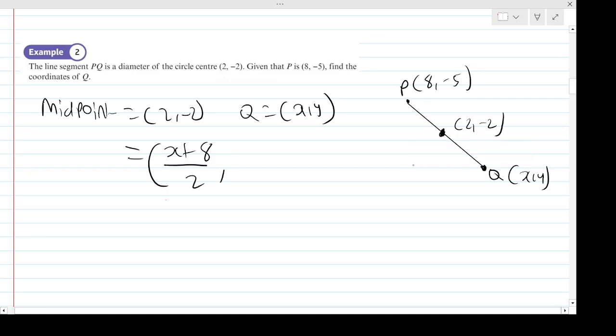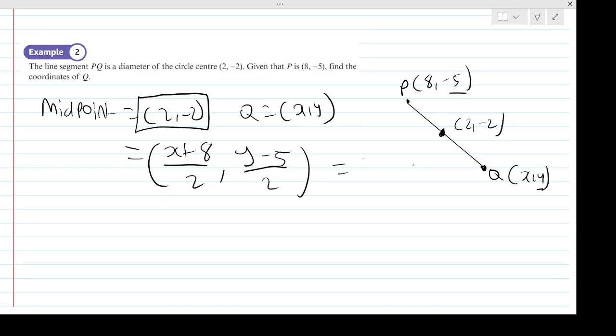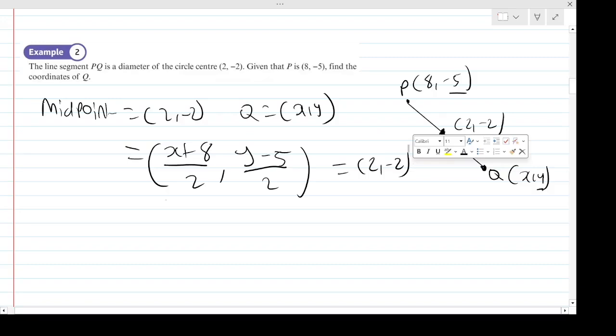Then y for Q, and then add -5, over 2. We can't do anything more to that. However, we also know the midpoint here is (2, -2). Remember, the circle's centre, because it's a diameter, the middle of the diameter will also be the midpoint, which should be the centre of the circle.